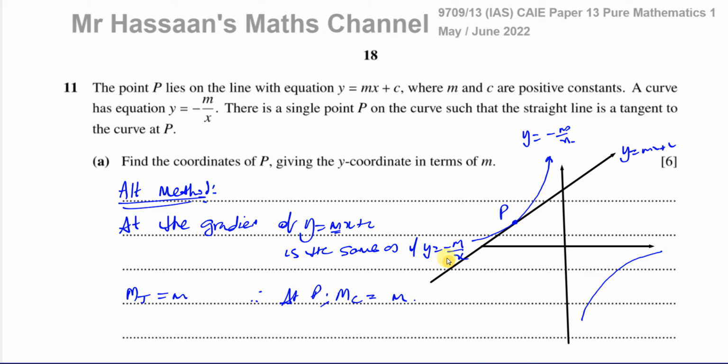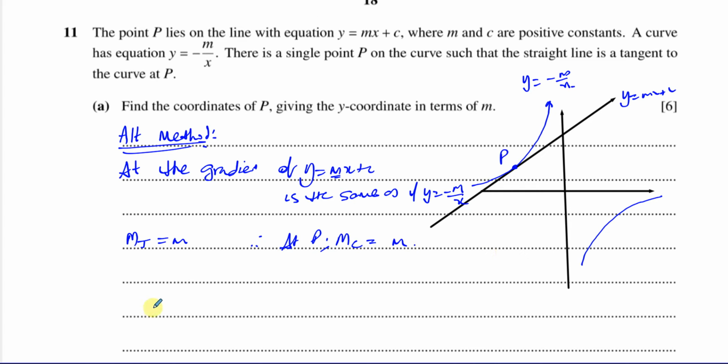So what we can do here is find dy/dx for the curve. We know y is equal to minus m times x to the power of minus 1. I've written it in this form, minus m over x as minus m x to the power of minus 1, so that we can differentiate it. When you differentiate, you multiply by the power, so you get m x to the power of minus 2. So we can say dy/dx, the gradient function for the curve, is m over x squared.